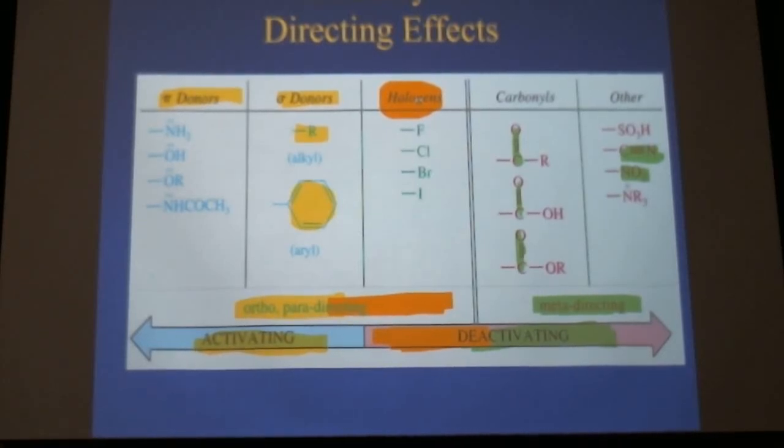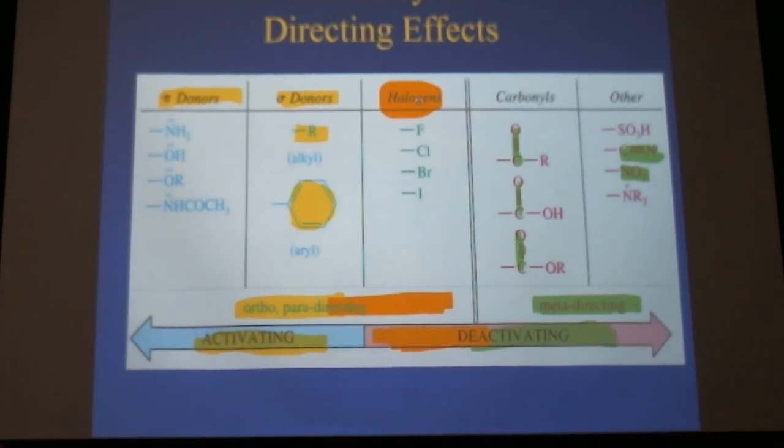So when you're synthesizing molecules, a benzene that has multiple substituents, you need to plan. Because if I want these two substituents, let's say para to each other, the first substituent that I introduce should be an ortho-para director, because I want the second group to end up para.